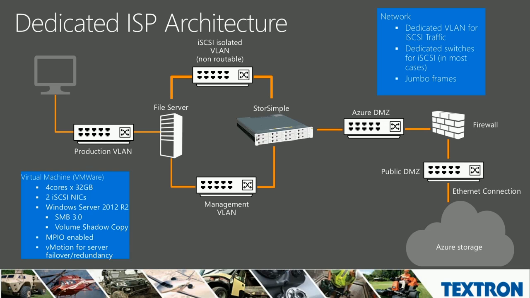We're running VSS for local snapshots, so we can do self-service recovery of data, the right-click and restore previous version. And we've created an isolated iSCSI VLAN and pipe that into our VM farm. So it's a fairly simplistic architecture.